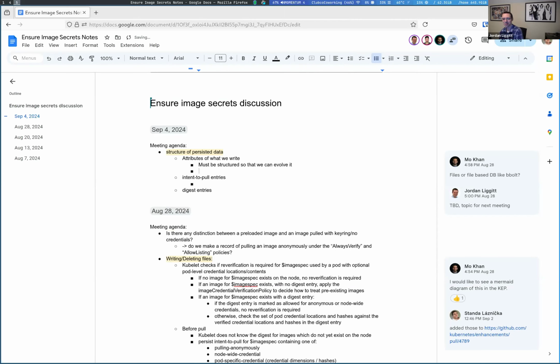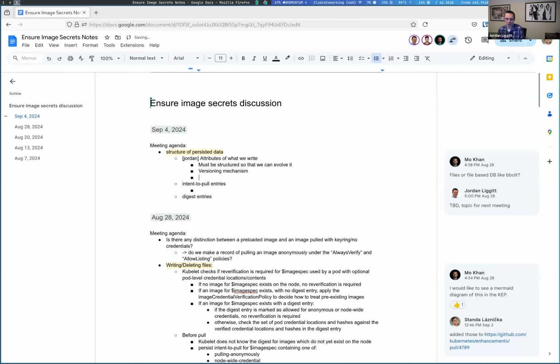So if we start with version 1, version A, and then discover, oh no, we actually need to rework how we're doing this, the kubelet can read the previously persisted stuff and recognize, oh, this was the first version, I need to interpret it this way. So structured, versioned, those are pretty generic requirements that apply to pretty much everything we write and expect to persist between releases.